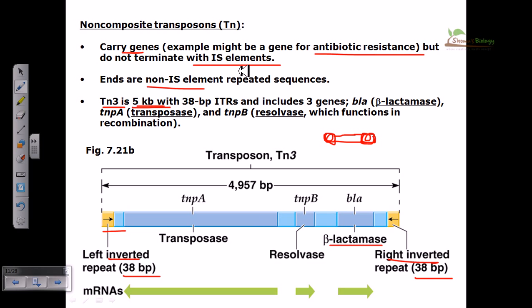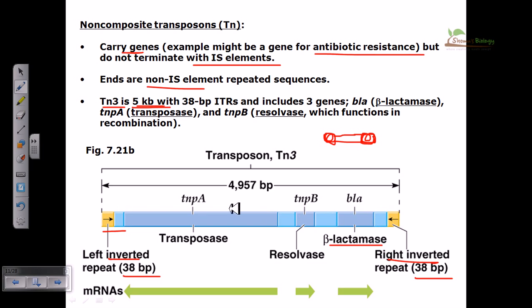So in a comparative way, we can see these non-composite transposons actually carry many more genes than the composite transposons, and non-composite transposons do not have any insertion sequence elements, and the ends of the gene sequences are not denoted by IS elements in this case. Instead, they are denoted by the inverted repeat sequences at both ends, but these are not IS element sequences. Okay, that's a very important assumption.